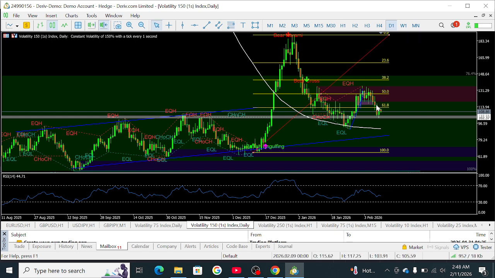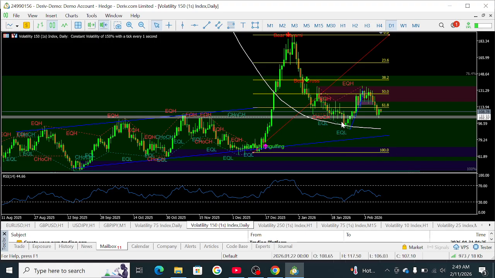If you are expected to buy, it means you have to choose the fair value gap that falls in the discount area. Both of them fall within the discount area. 50% to this 100% is a discount area where we should be looking for a buy.